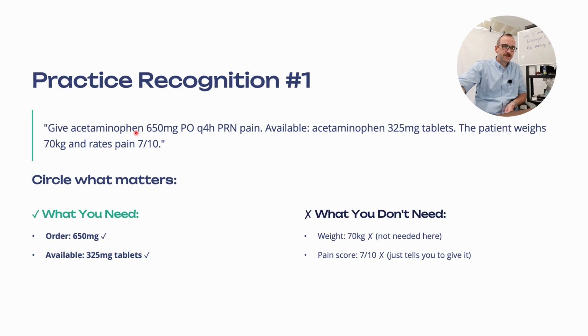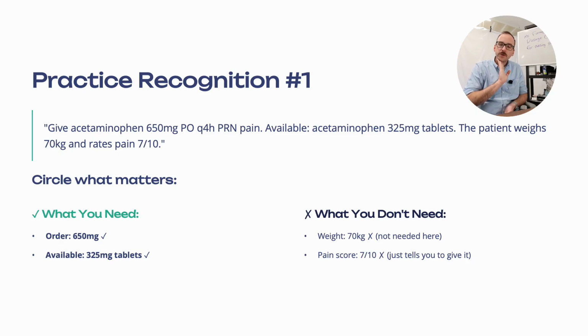I got my acetaminophen. I need to know my dose. My order is for 650 milligrams, so I would write 650 milligrams down on my piece of paper. PO, so it's oral, and my tablets are oral, that matches, so I don't even really need to think about that. Q4H, there's no piece in here that says anything about time, so don't add things to these questions that are not in there to start with.